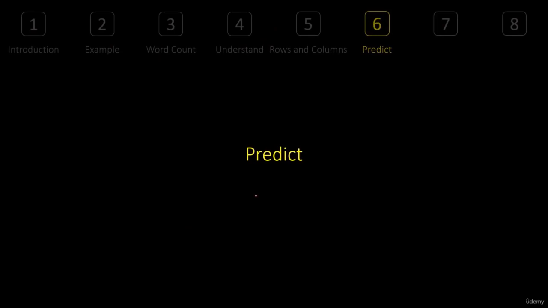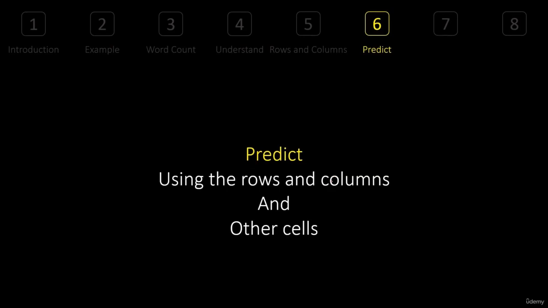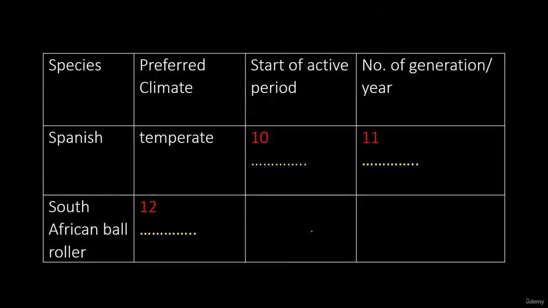Okay, now we have to predict. Now we have seen this earlier as well in rows and columns. We get information from rows and columns about what could be an answer, right? And also other cells help. Like other cells, what they do is they try to help you by giving a hint towards the answer.